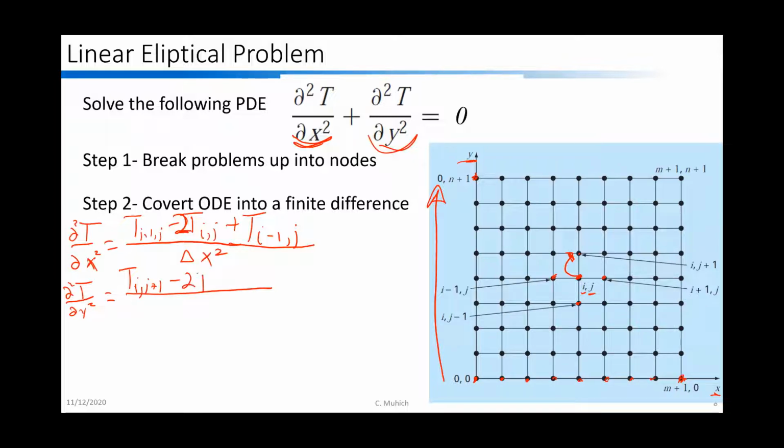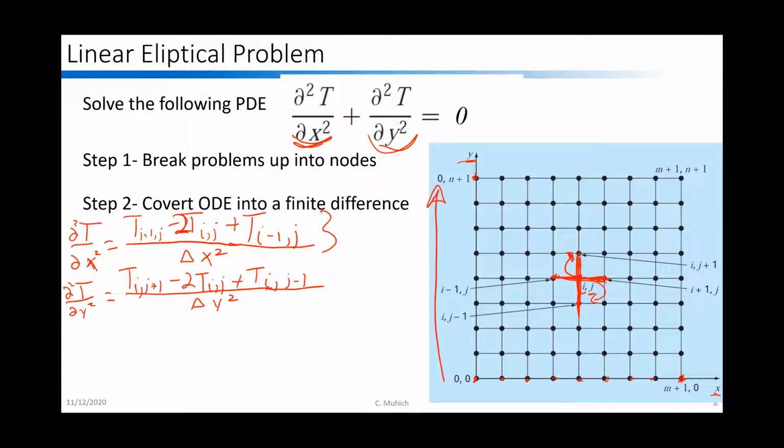I'm going to subtract off 2 of the current points that I'm at, plus I now look backwards to t i, j minus 1, all over delta y squared. So for my d x, I look left and right, but at the same y, and for my second derivative with y, I look up and down without changing the x.